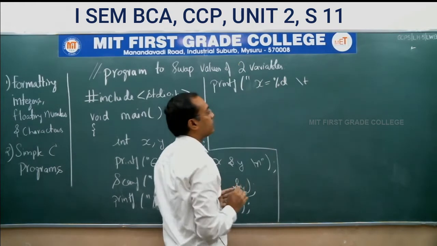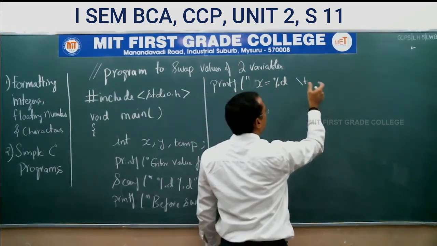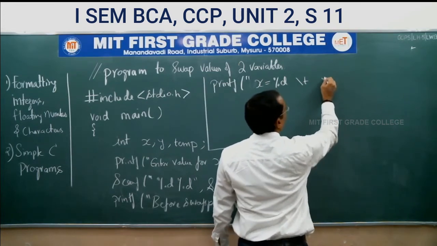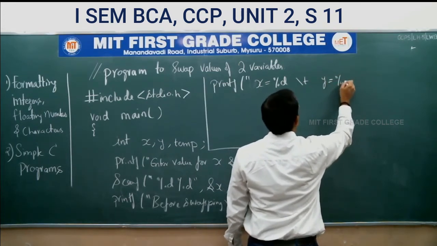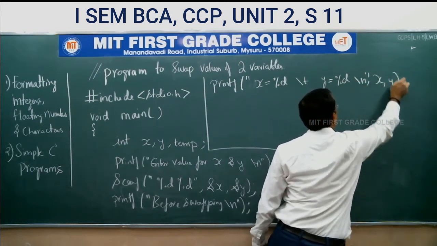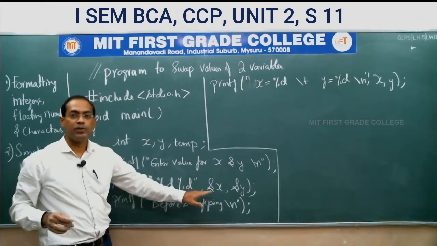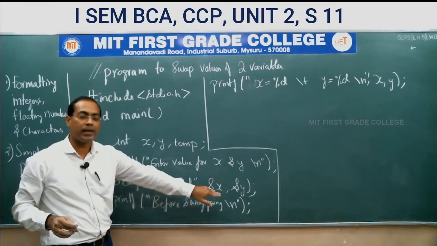I want some spaces after I display x, so I'm going to use the \t escape sequence. "y is equal to %d\n", x, y.